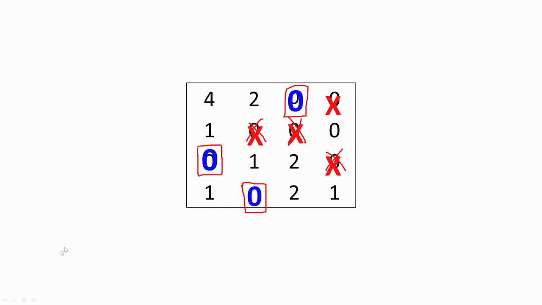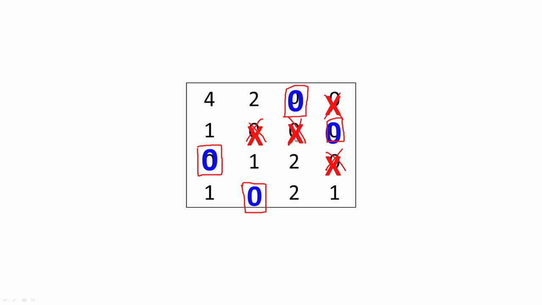This will go and this will go. By making that assignment, this will also go and this will also go. So, now the second row or the fourth column has only one assignable 0 and make the assignment there.